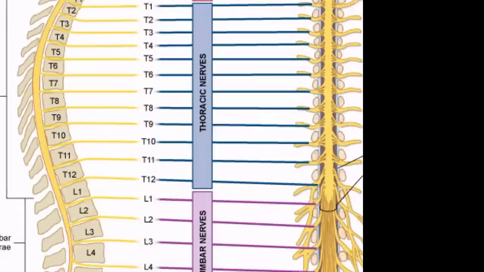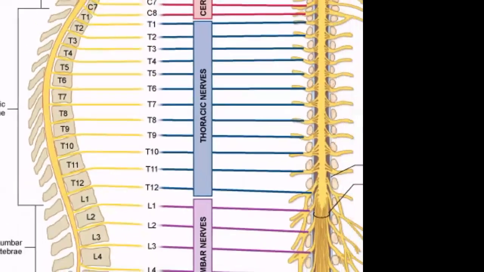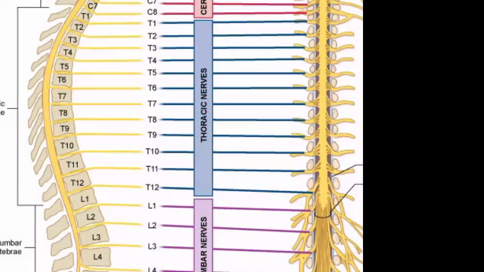So if we look at, well, we're going to start here in the thoracic nerves here. If you look at the vertebrae in the thoracic region, we know how many thoracic vertebrae are there, because it's 12 with a T, thoracic with a T. So if there's 12 thoracic vertebrae, underneath each one of those, there is going to be a pair of nerves.